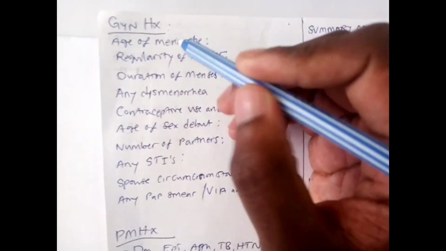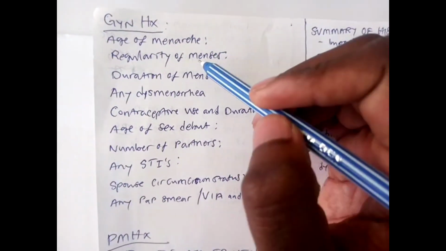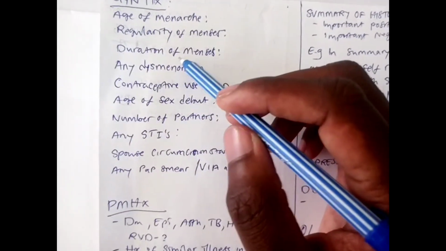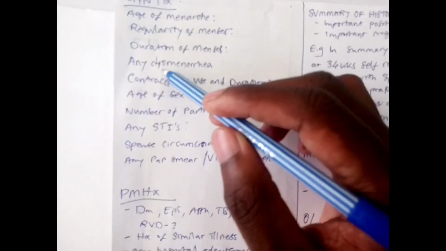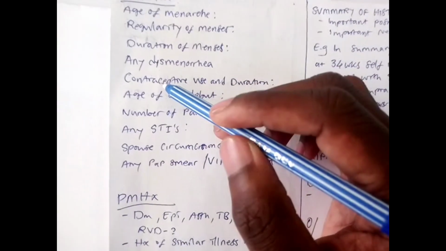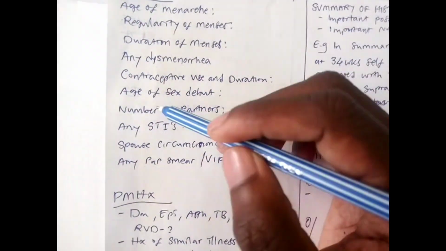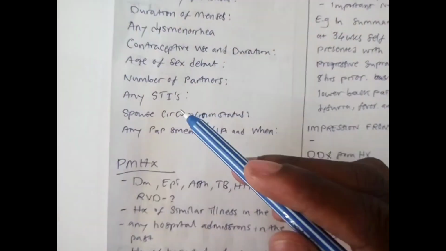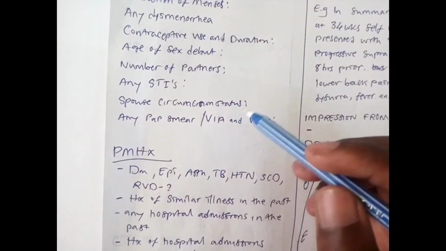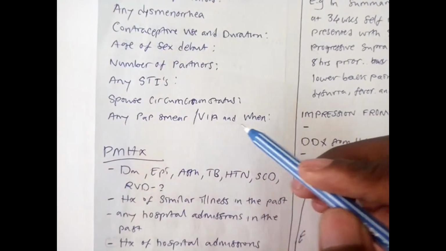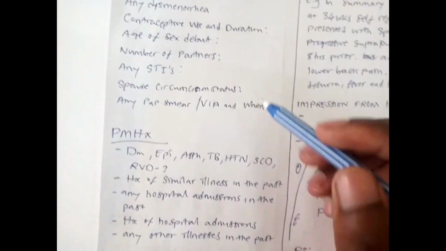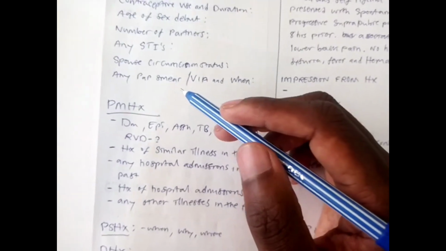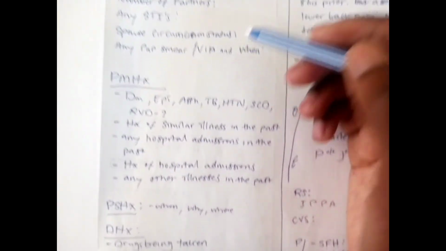So ask about the gyne history: age of menarche, regularity of menses, the duration of menses, any dysmenorrhea, contraceptive use, duration, age of sex debut, number of partners, any STIs, spouse circumcision status, any pap smear or VIA, and when exactly were they done. So you ask if the patient has been screened for cervical cancer.